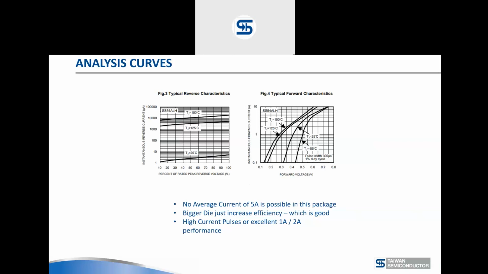So derating, the option to derate against the current rating of the package, is quite important. Of course, a lot of people have pulsed Schottky, like a 5 amp pulse with a 20% duty cycle or something like that. Then, of course, you need to look at the pulsed values here if you can't avoid using that type of design.